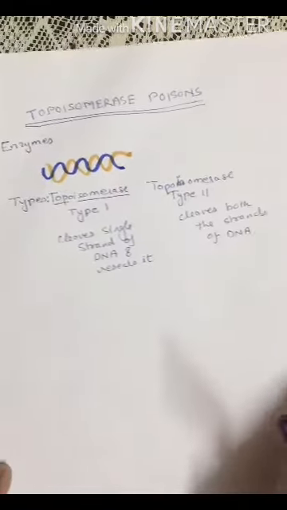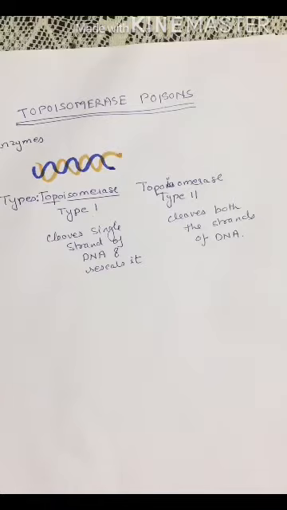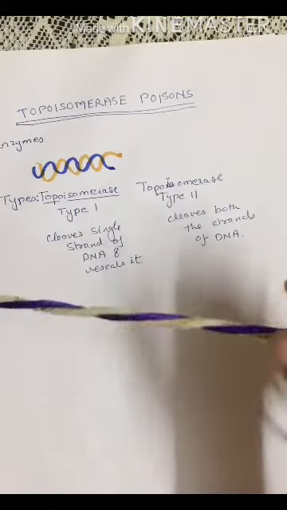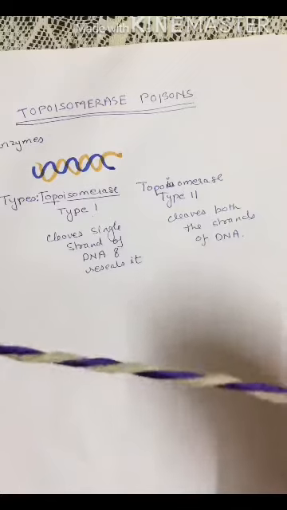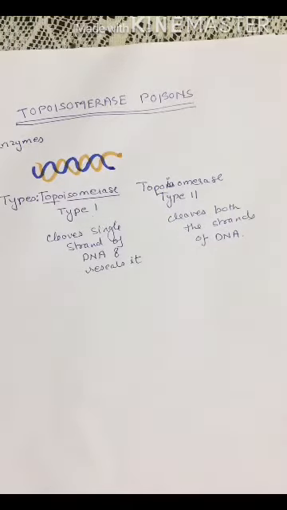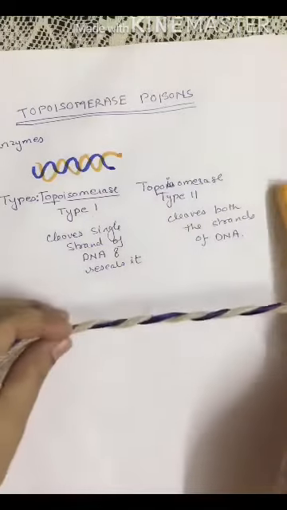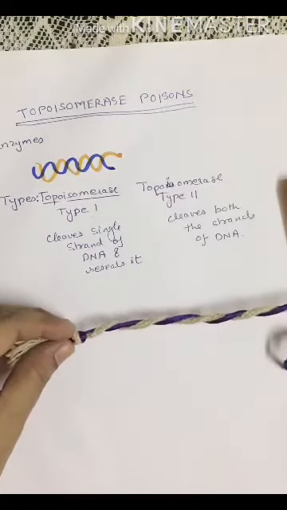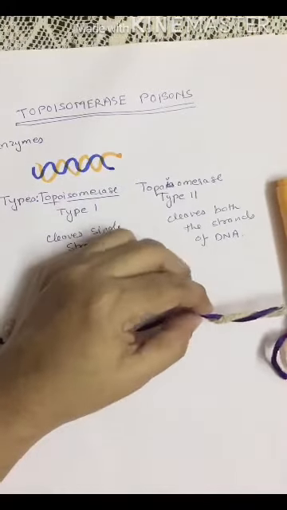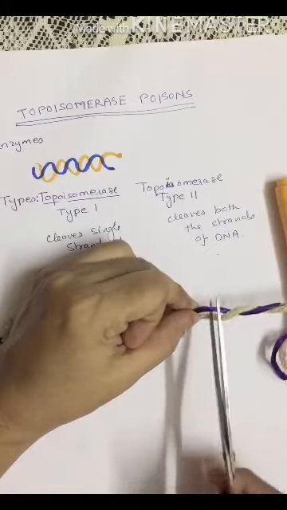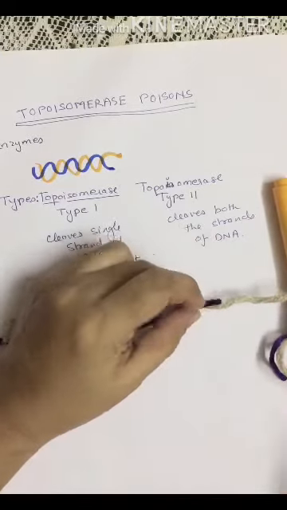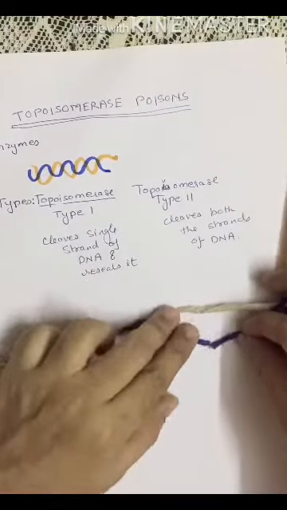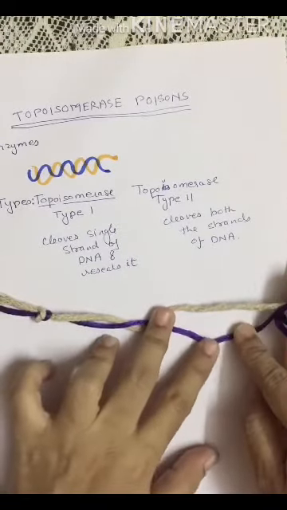Now we will see how this takes place. Consider this is a supercoiling of the DNA. If one strand of a DNA is cut, this part opens up and reseals on this side.